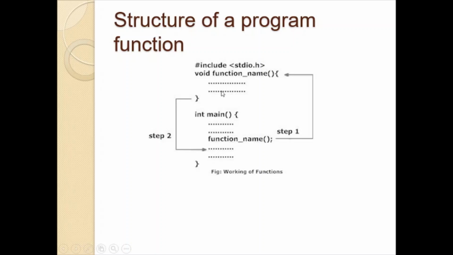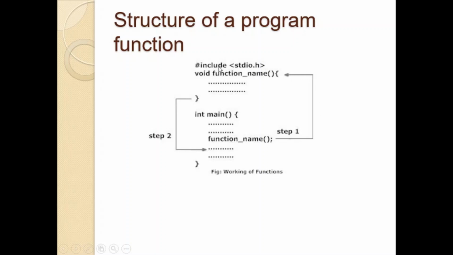So I'll repeat here. One function we have written, then it is the main function. Execution is going to start from the main function, where it executes some set of statements. Next, when control encounters this function name, it is going to jump to that function for execution.